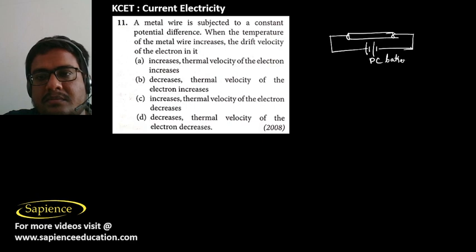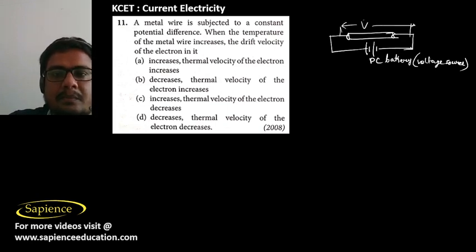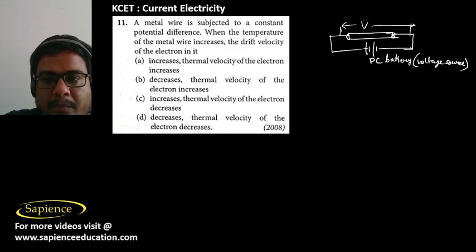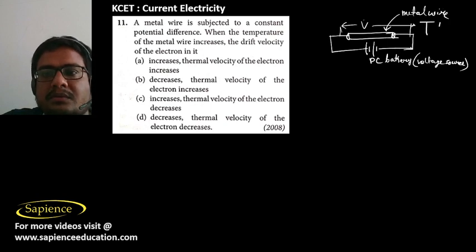Since the potential difference is kept constant across this metal wire, when the temperature increases, the drift velocity will become how much?